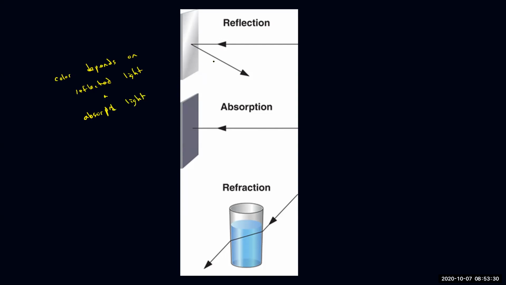So again, when you shine light on an object, it will reflect some wavelengths.